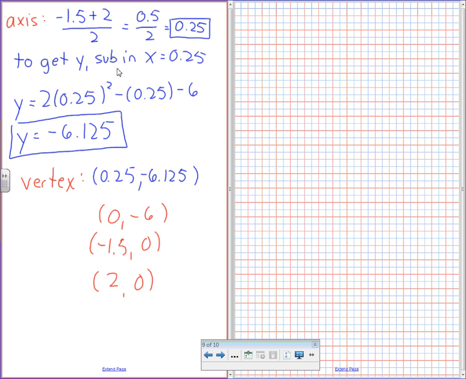From what to what? From 0 to what? Yeah, about -8. It says -6.125, so you should be looking at the negative part of the graph for sure. As far as the x values, what do the x values go between? Yeah, for me the biggest one is 2, the smallest one is -1.5, so make sure they all fit on there.